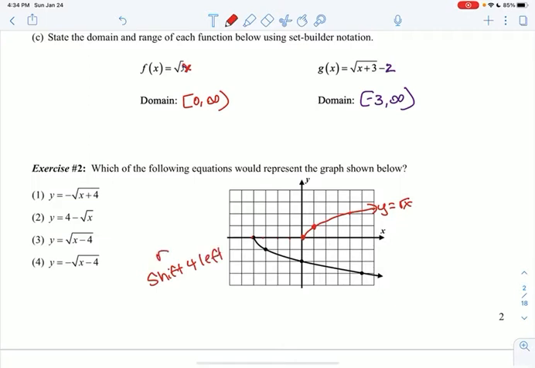Looking at our multiple choice, remember when I do a reflection, that puts a negative in front of it, so it could be either of those. But a shift of 4 to the left means that you're actually adding 4.